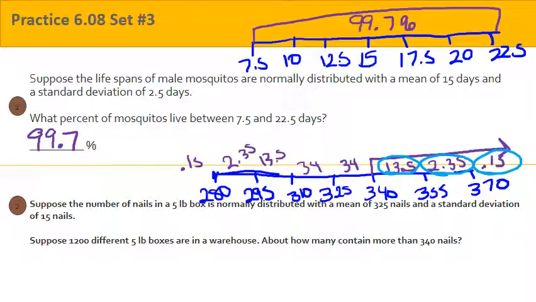After you add those up, you're going to get 16%. Let's just make sure of that. So 13.5 plus 2.35 plus 0.15. Yep, 16% for that one.